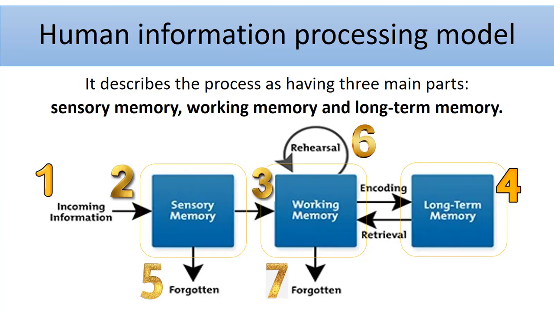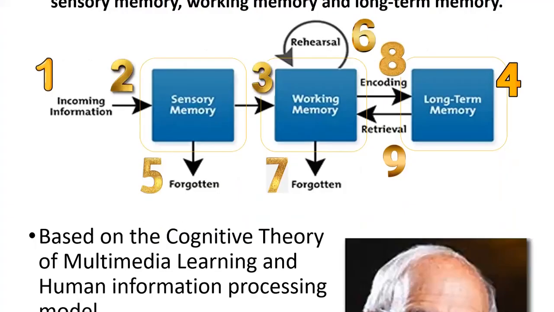So if you want the information to go in long-term memory, it should be encoded well. And the strategies used for retrieval are also important. So the human information processing model is very important to understand by all of us so that we can make strategies that can help us to move in a way that there will be nothing forgotten.